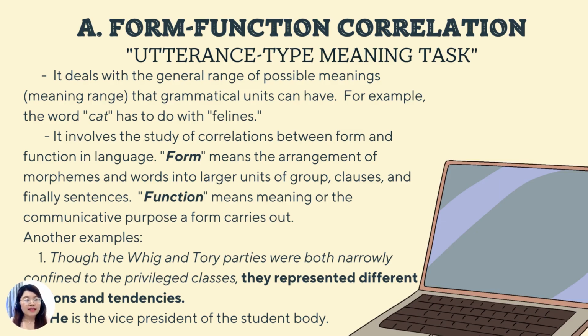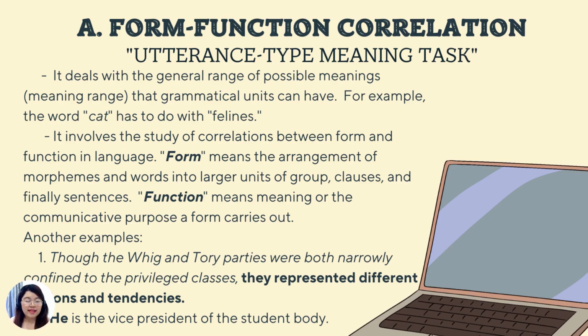The second definition involves the study of correlations between form and function in language. Form means the arrangement of morphemes and words into larger units of groups, clauses, and finally, sentences. Function means the meaning or the communicative purpose a form carries out.